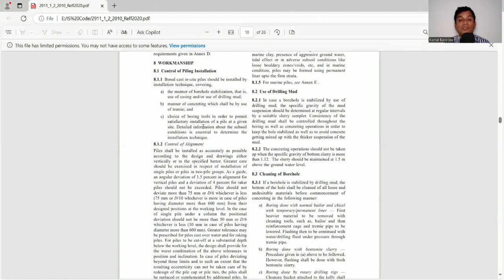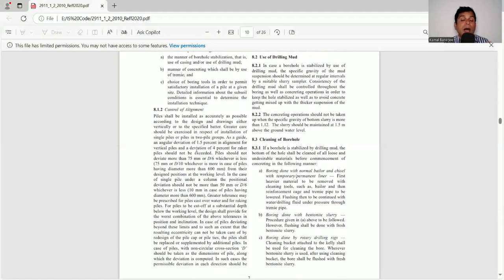Now we need to keep the pile in position, but whenever we are vertically boring or drilling, there is always a tendency that the pile location can deviate. The ICE code has given what the maximum deviation can be. Piles shall be installed as accurately as possible according to the design and drawings, either vertically or to the specified rake. Greater care should be taken.